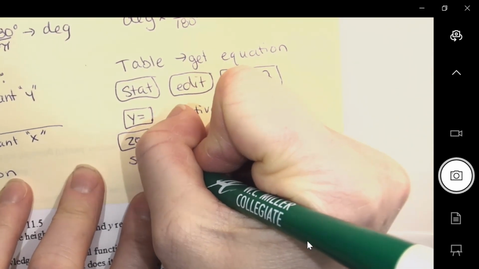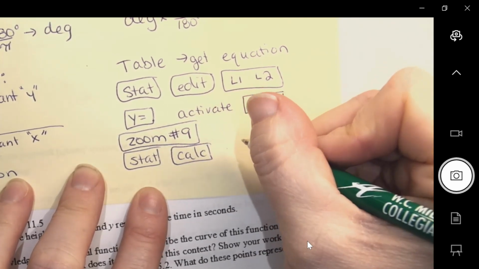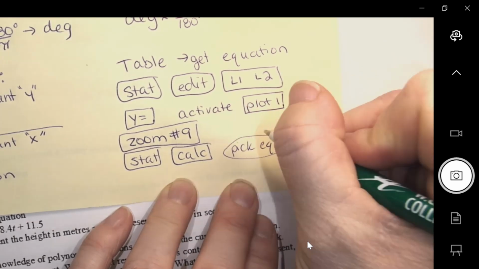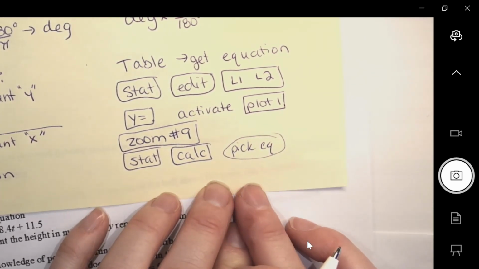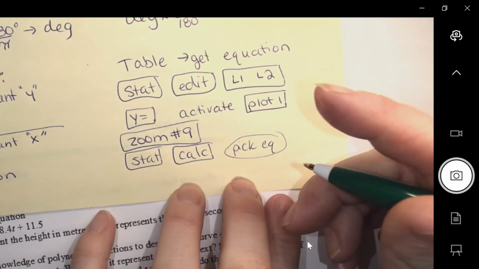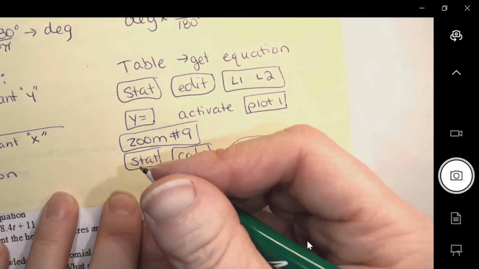And then we hit the stat button. We went to calculate. You would have to pick your equation because it depends. If you had a quadratic, quartic, cubic, whatever, you'd have to pick it. And then hit enter, obviously. Okay, now you want to copy and paste it.